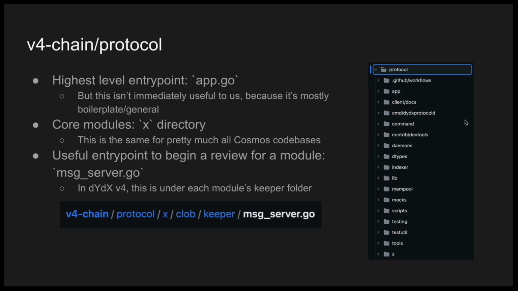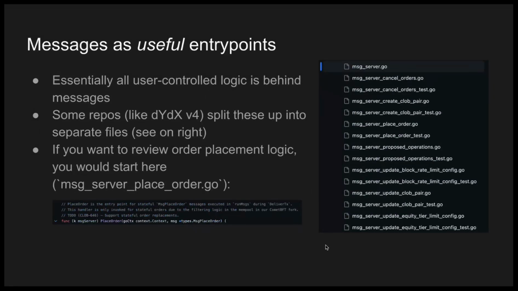The real entry point is the application, but the part you care about if you're reviewing a code base, that's not boilerplate, is the modules directory, which is usually under the name x. Even more specifically, you want to find all of the message entry points. If a user can interact with the protocol, this is how they do it.